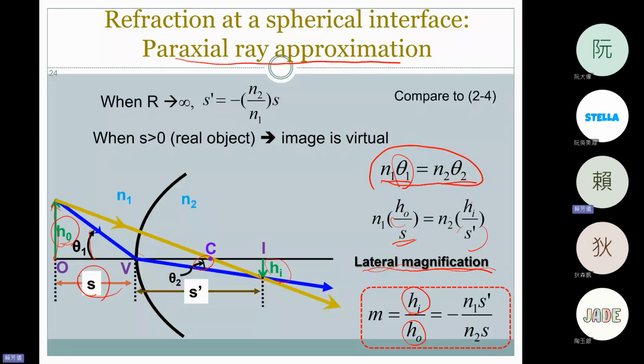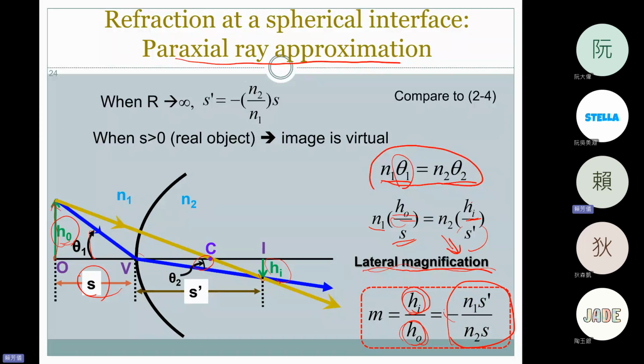We want to calculate hi divided by h0, so we can use the equation to find that hi divided by h0 equals n1 s1 divided by n2 s.